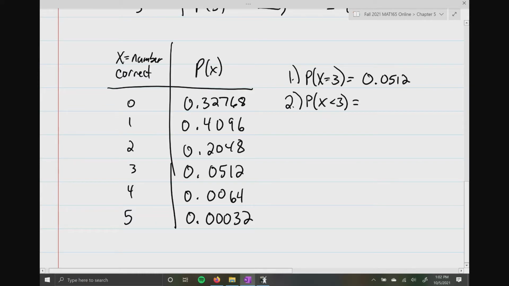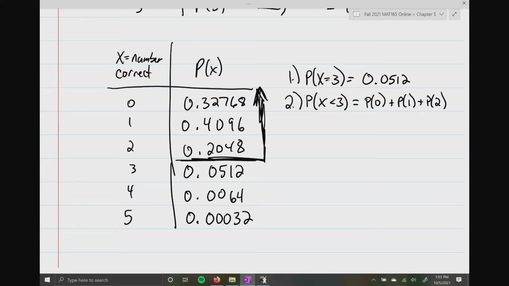So if you think about less than 3, that would be the probability of 0 plus the probability of 1 plus the probability of 2. Another way to look at this is if you're thinking about it less than 3, here are all the probabilities less than 3. So what you would have to do is add each one of these up. So if I do that real fast, I got 0.32768.